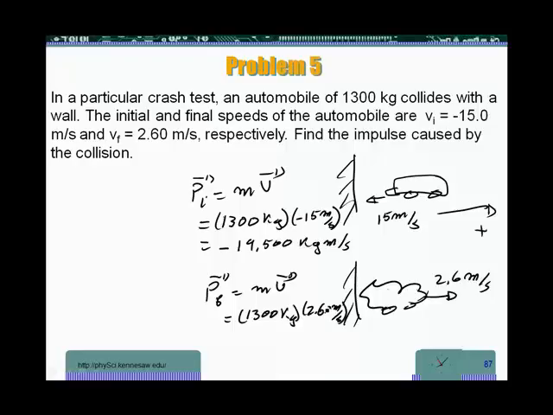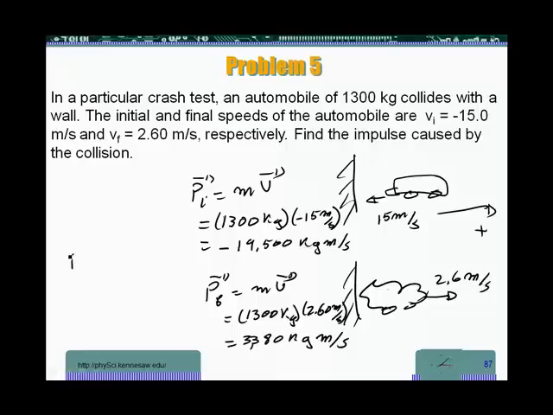So 1,300 times 2.6. So that gives us plus 3,380 kilogram meters per second.